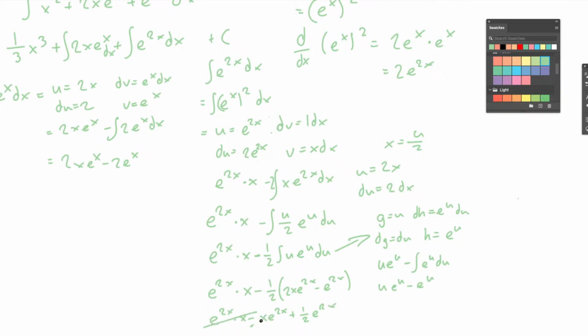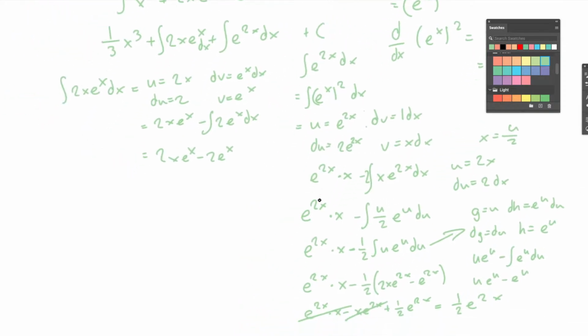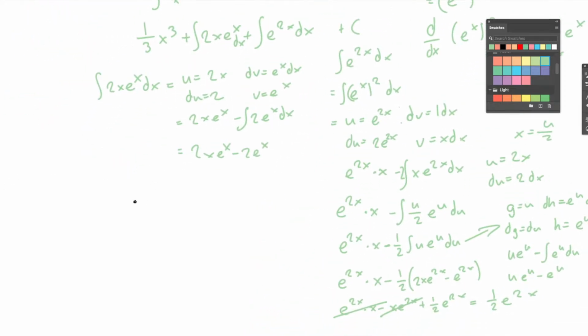So these cancel out, and we're left with 1/2 e^2x. Isn't that fantastic? So if we take everything and put it together, we end up with this. This took a lot of work.